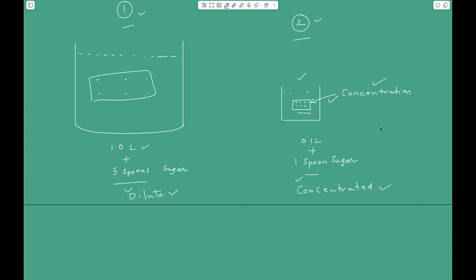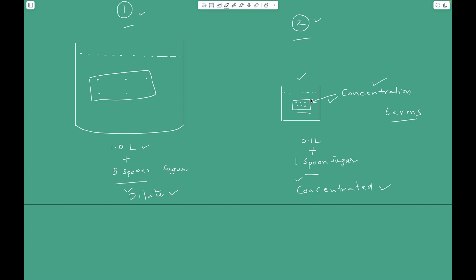And there are different methods to do this, and they are known as concentration terms. So, concentration terms are different methods to assign values to the concentration of a solution. That is, the crowdedness of the solute particles in a solution.